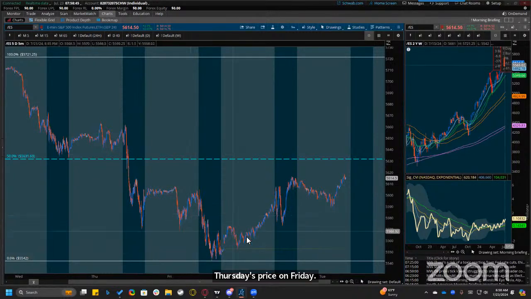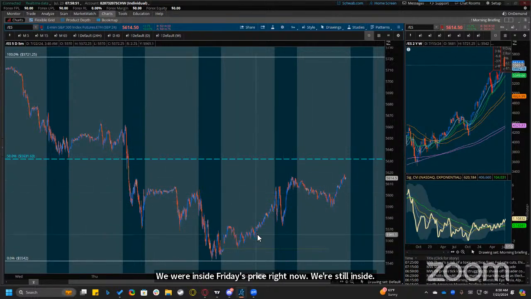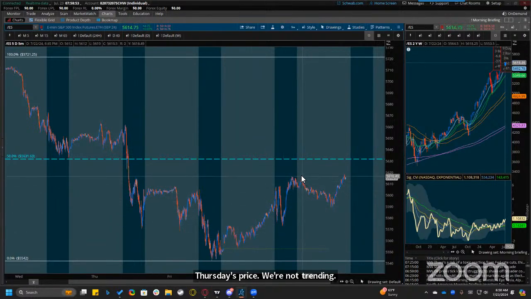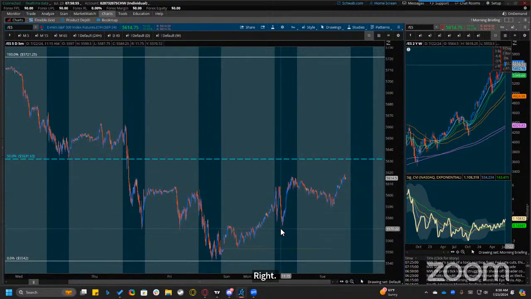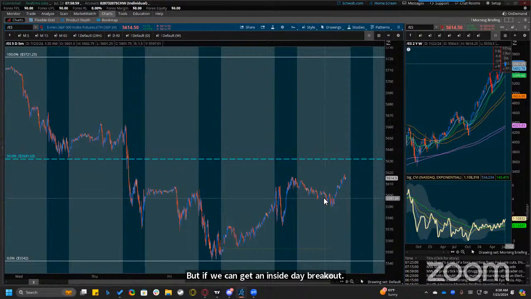Monday, we were inside Friday's price. Right now, we're still inside Thursday's price. We're not trending, right? But if we can get an inside day breakout of yesterday's range, then we'll be able to focus on a trend day for today, just today. Not a trend day on the week or anything like that.